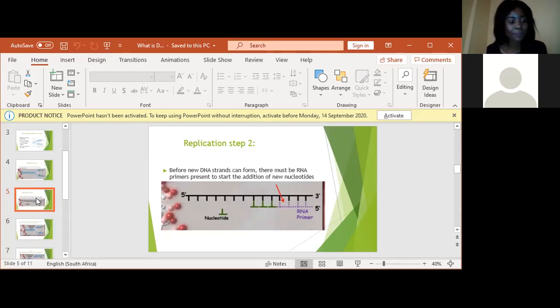DNA polymerase 3 catalyzes the formation of a phosphodiester bond as each new nucleotide is added to the complementary strand. And this process is different in the leading strand and the lagging strand.